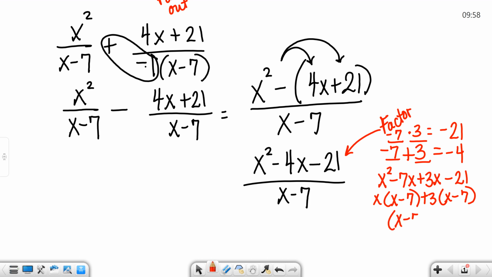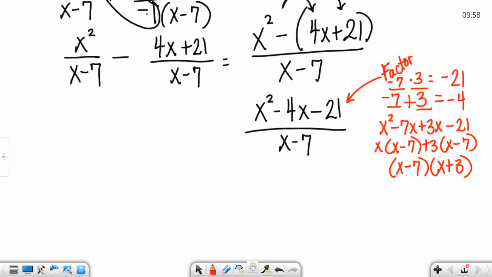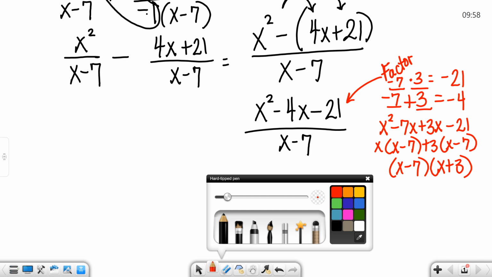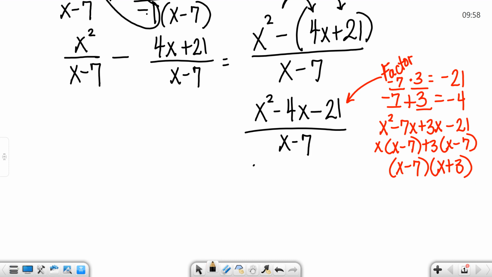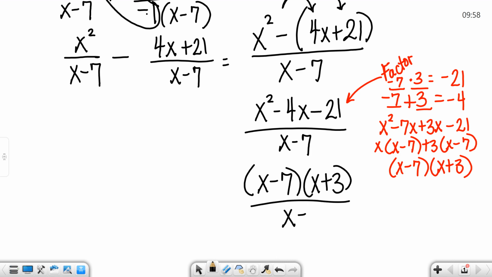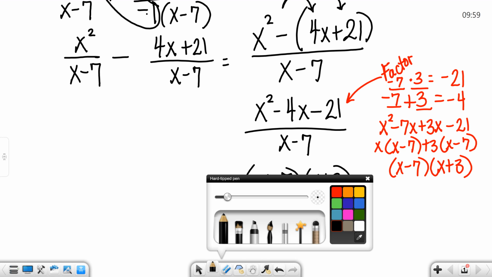Make sure you show your factoring off to the side. Don't try to stick it in the middle of the problem. Once I get it factored, then I go plug it in over there in the problem. All right, so my numerator, my factors are x minus 7 and x plus 3. My denominator, still x minus 7.